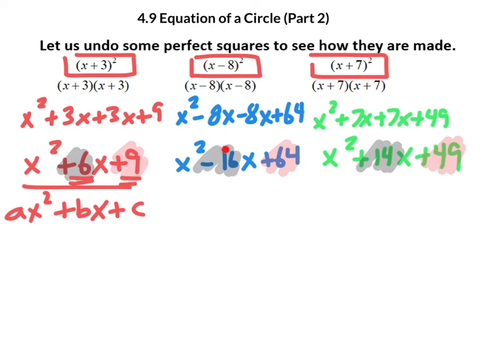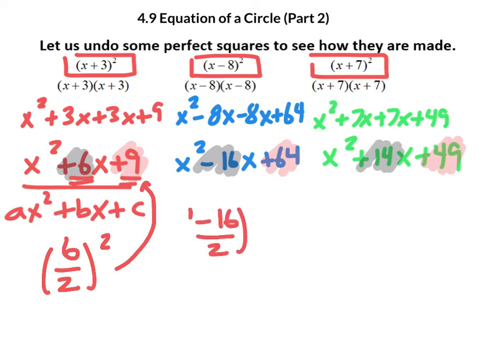And you can kind of see how, if I go back one layer, there is a connection between that 8 making 16 and that 8 making 64. And it's the middle term, the b term. 6 divided by 2 is 3, and 3 squared is our 9. And negative 16 divided by 2 is negative 8, and negative 8 squared is 64.